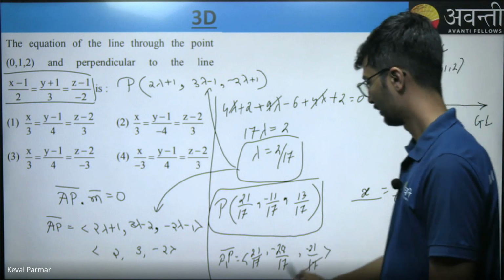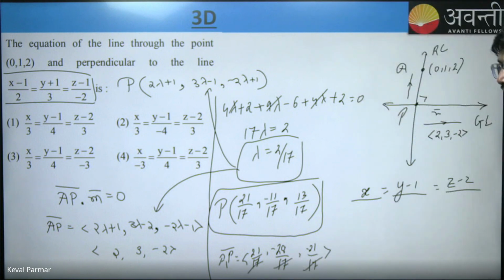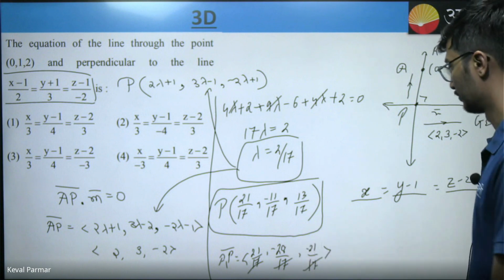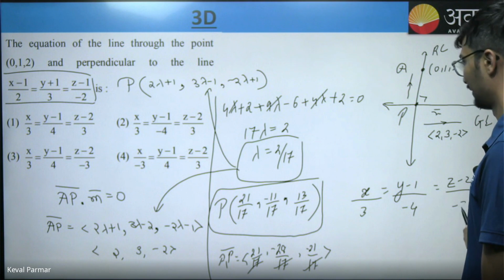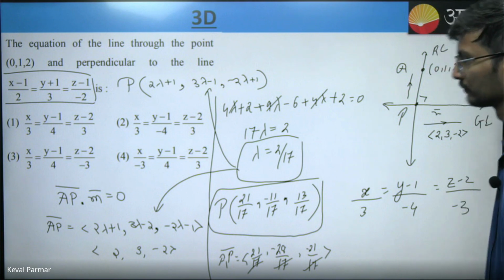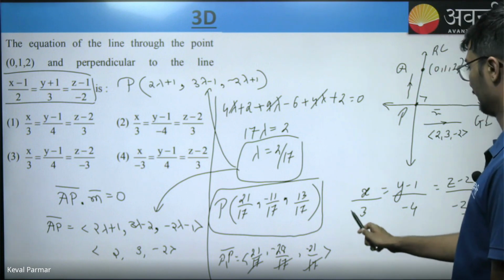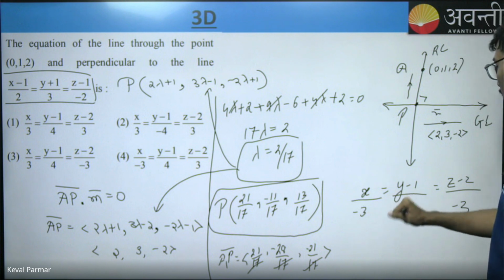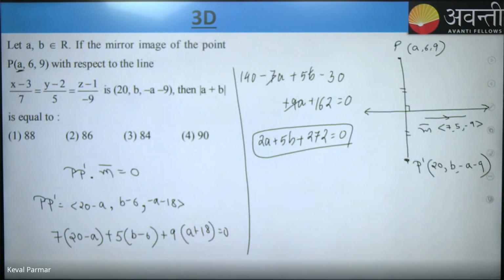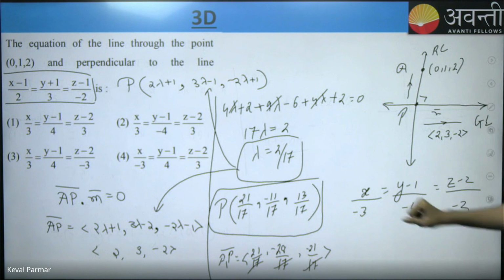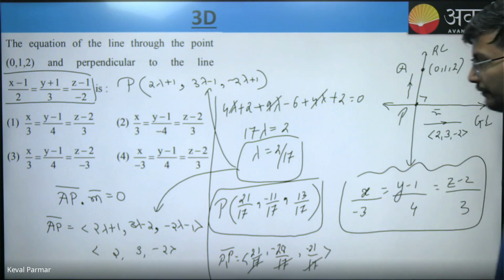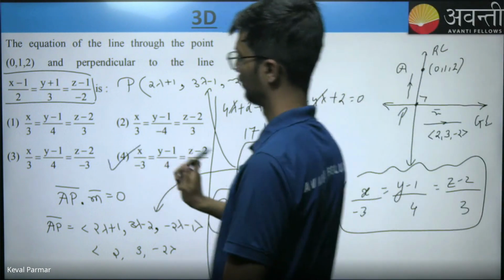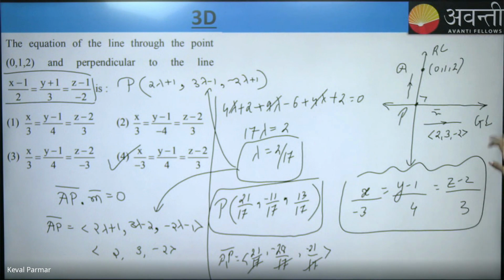Now we can cancel out 17 as it is DR, and divide by 7. So it will be 3, minus 4, minus 3, or minus 3, 4, 3. So the correct option is 4. Let's move on to the next question.